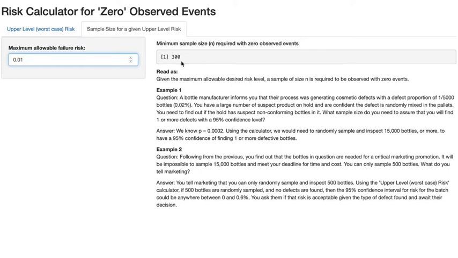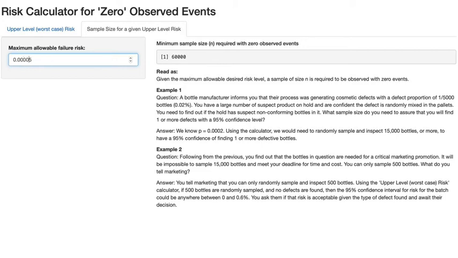Here it says that I would need a sample of at least 300 items, with zero observed events, to ensure that my true defect rate could be between 0 and 1%. And of course, if you go smaller, say 0.5%, you can see that your sample size will go up to 600 and so forth.